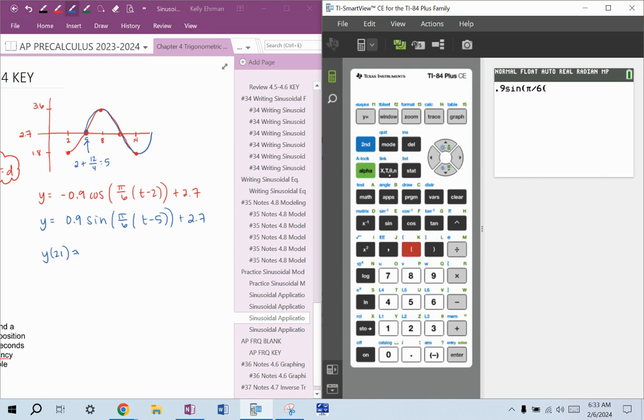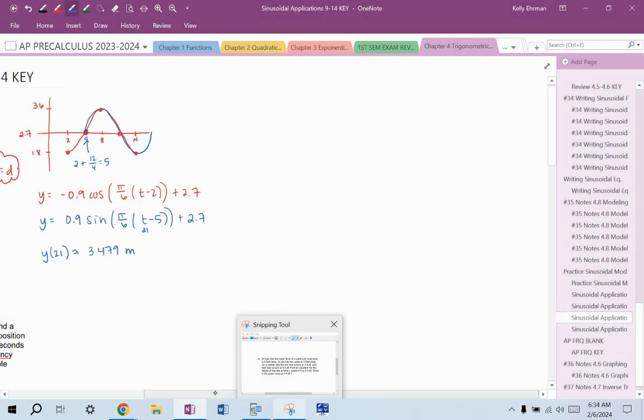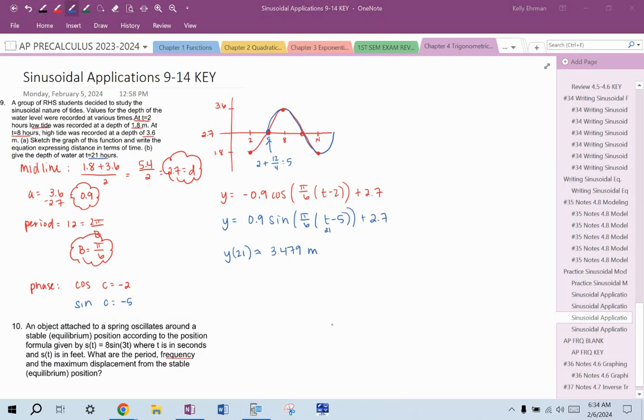If you type it in exactly as you're writing it, but you're putting in a 21 right here, then you shouldn't have problems with parentheses. So I'm typing in exactly what I have, and I'm getting 3.479. And then I believe our label on that is meters. We always want to label our answers for applications. Yeah, meters. All right, so this is the solution set for the first problem.